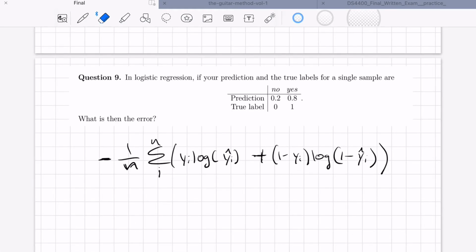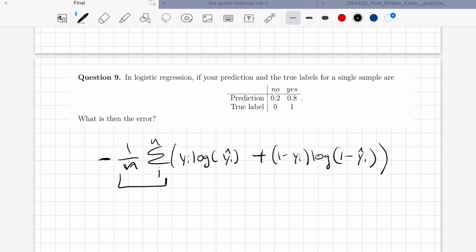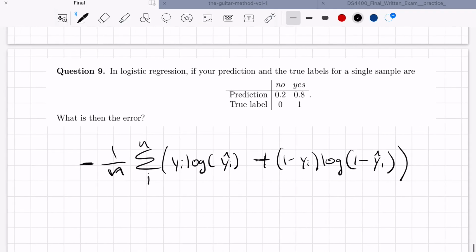Okay, so now that we have our objective, I'm going to reiterate one more time: this is the logistic regression objective, and what it measures is the average, this term right here, logistic error, which is this term right here. If you remember, our logistic error is the cross entropy between our labels and our predictions. This question asks us to calculate the error for a single sample.